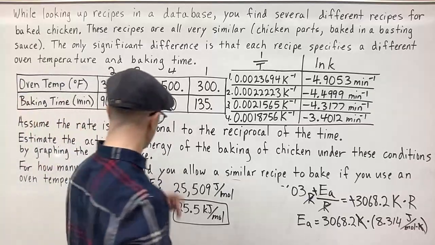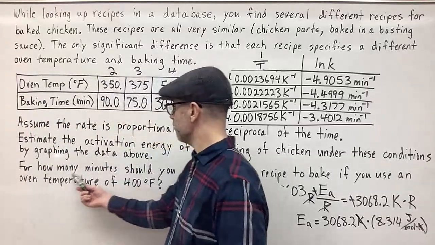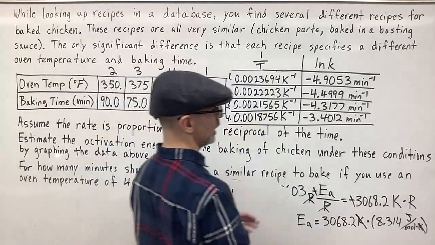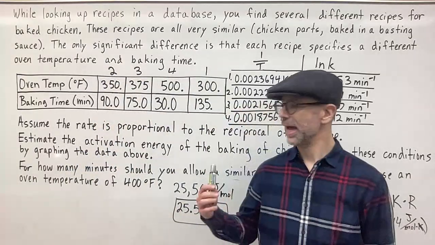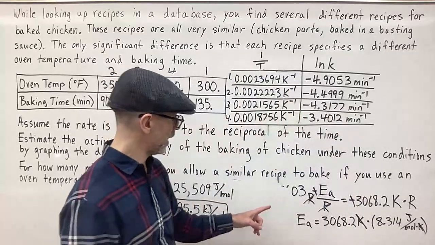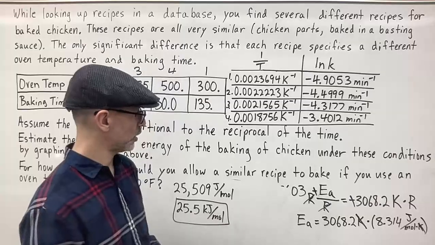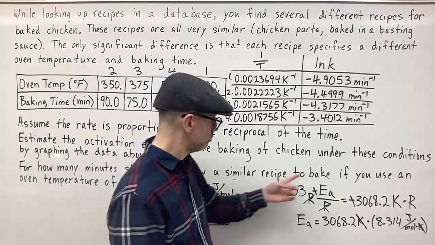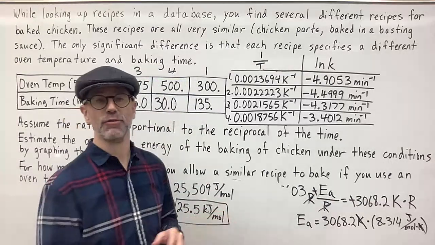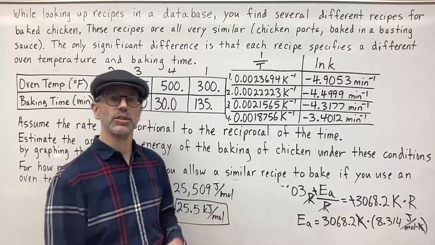Now, what about this second question? For how many minutes should you allow a similar recipe to bake if you use an oven at 400 degrees Fahrenheit? Well, now that we have the activation energy, not that we really need it, we can use that equation that we got from our graph to plug in the data.